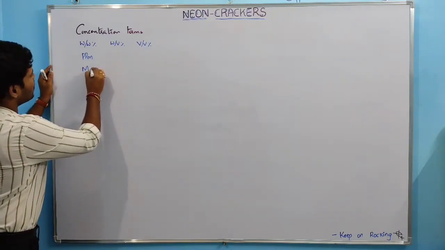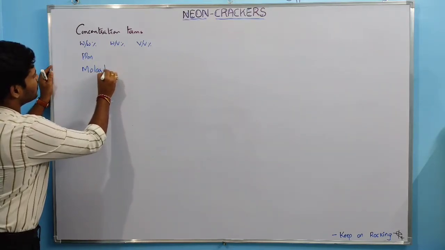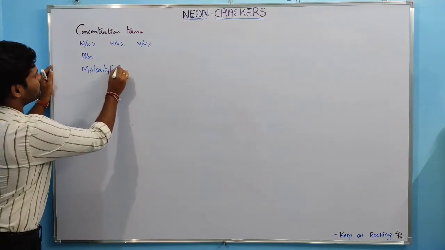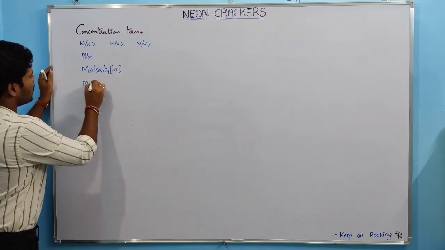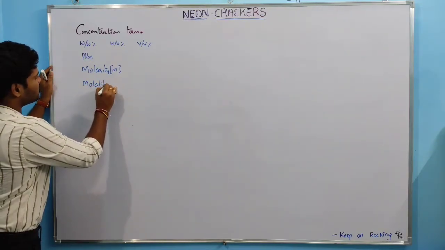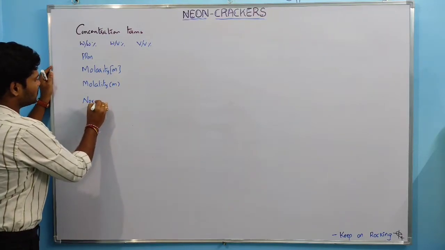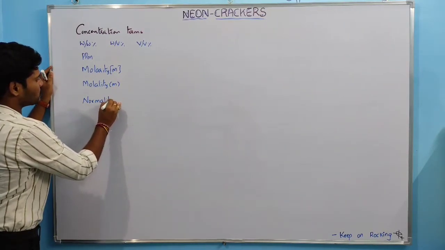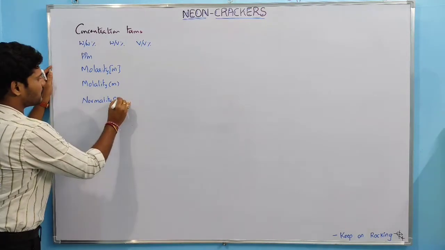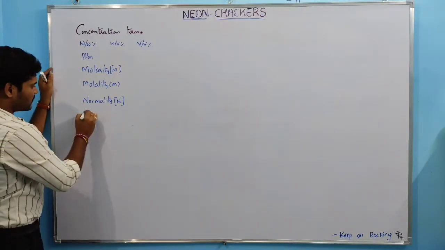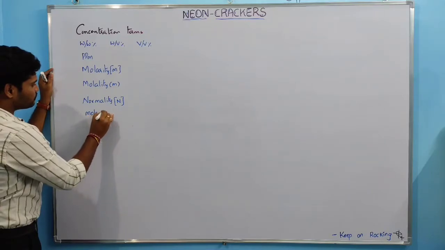Next one, molarity, which is indicated by capital M. Next, molality, indicated by small m. The next one is normality, another important concentration term, indicated by capital N. Next, mole fraction.